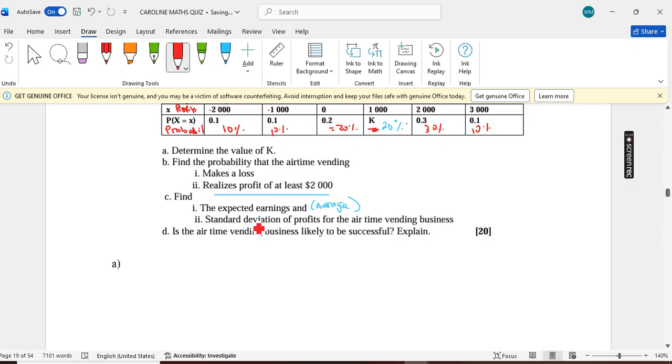Next, you find the standard deviation of the profits for the airtime vending business. So, colleagues, standard deviation just tells you how far on average your data points are from the average.